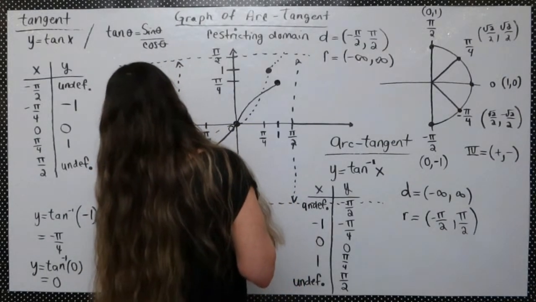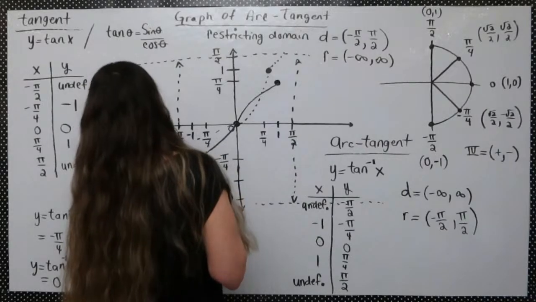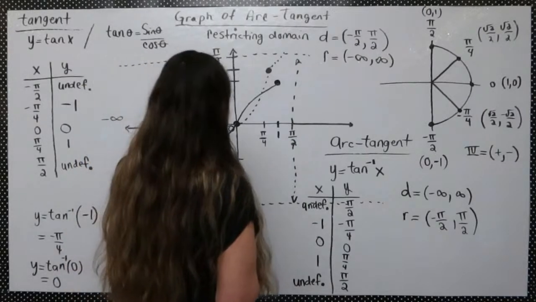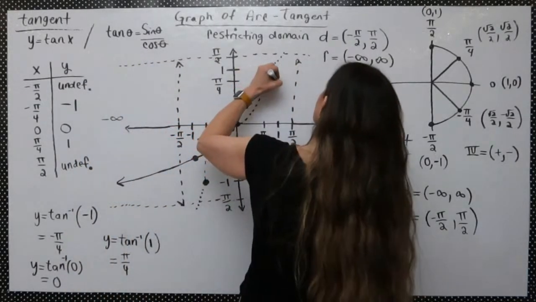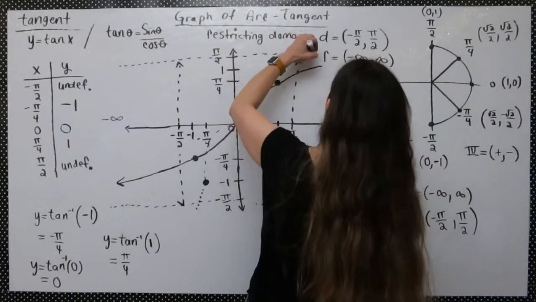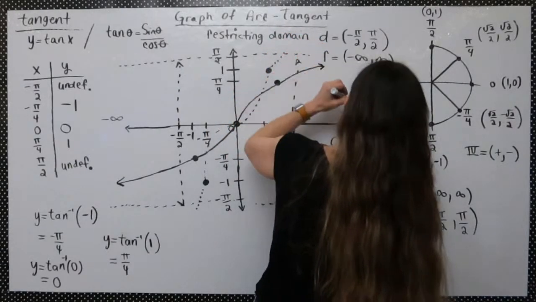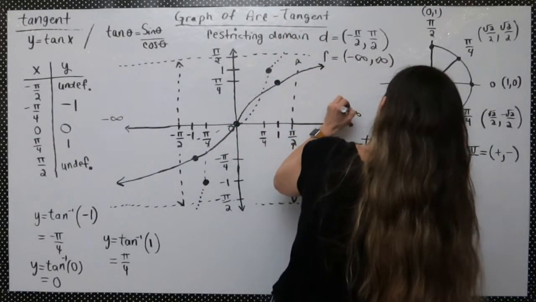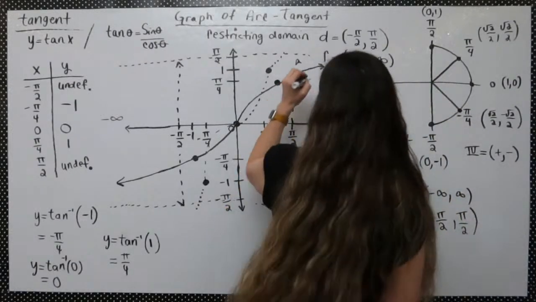And this one has the domain going from negative infinity to positive infinity. So it's approaching this asymptote at pi over 2, negative pi over 2, but it goes out to infinity in both directions.